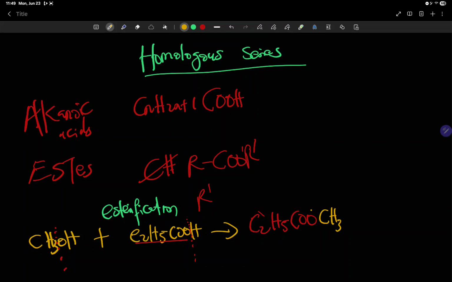Are you with me now? So this is an ester, and this ester is called methyl propanoate. Do you get that now? Okay, I'm not going to go too deep into this. When I enter into naming of organic nomenclature, I'll move deeper into this. Okay, so that is it for esters.